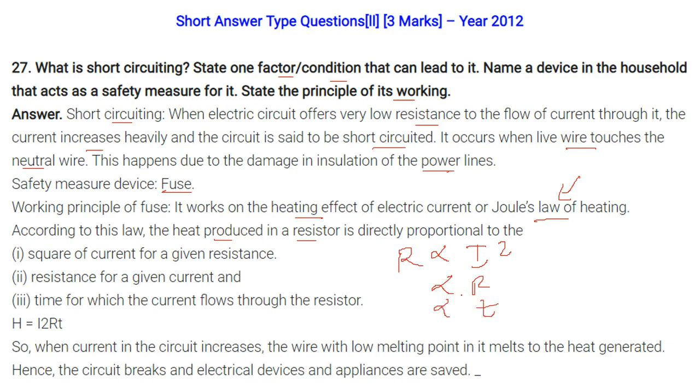So H = I²RT. This is Joule's law of heating. When current in the circuit increases, the wire with low melting point melts due to the heat generated. Therefore the circuit breaks and the electrical wire and appliances are saved.